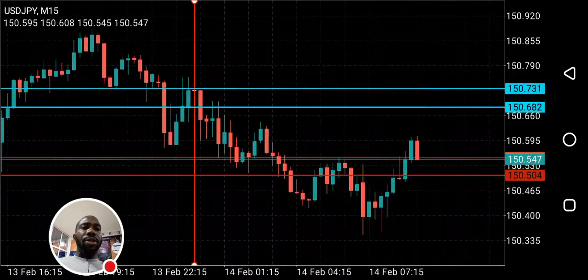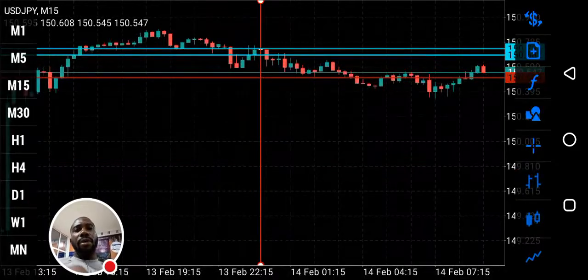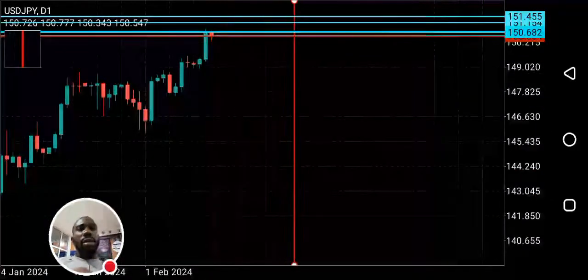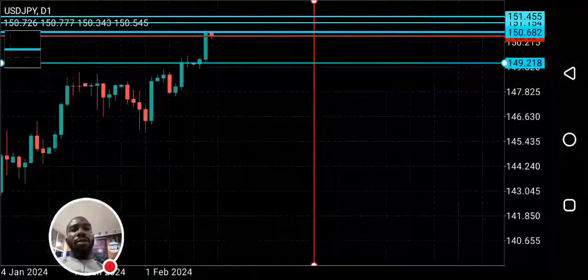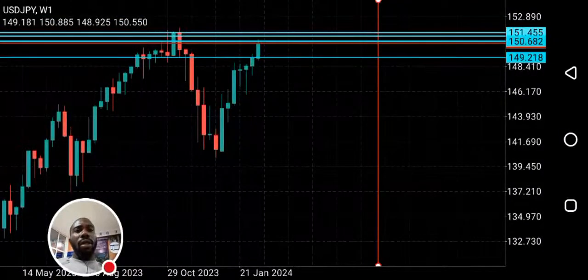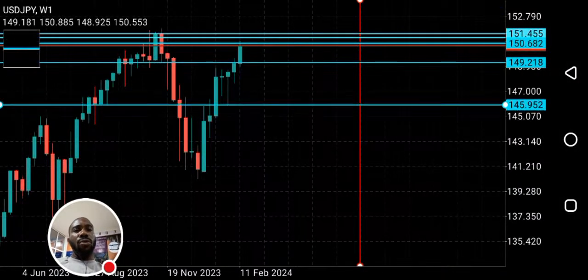USD JPY is bearish. And if I'm selling, my first target on USD JPY will be the low of yesterday. Then my second target will be this previous low.